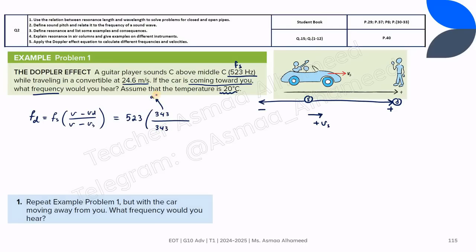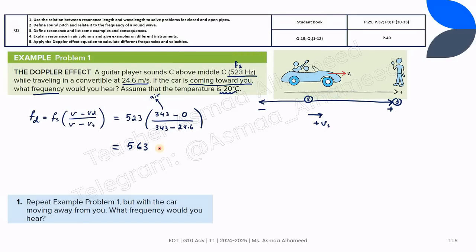This is in air at 20 Celsius. Now, are you moving? No, you are not moving, so this is 0. And the source is in the positive direction, so we leave the number as it is, 24.6.